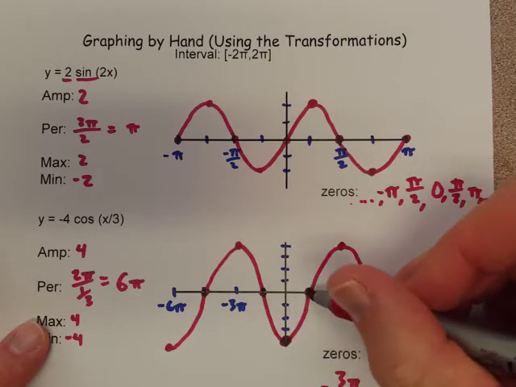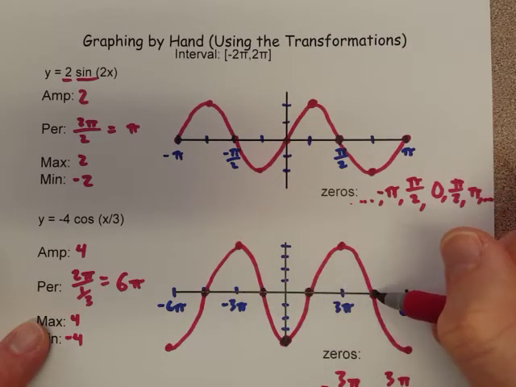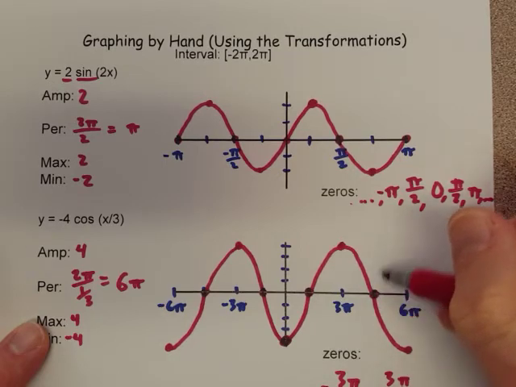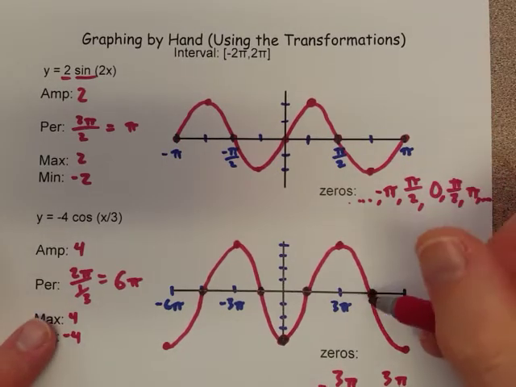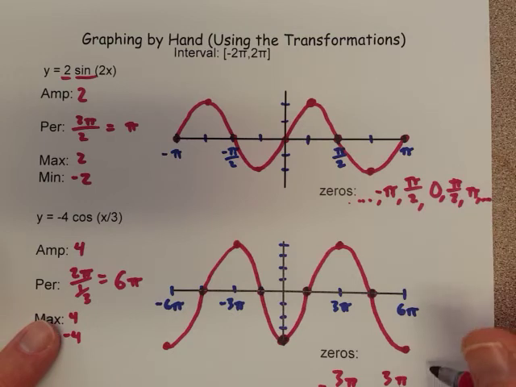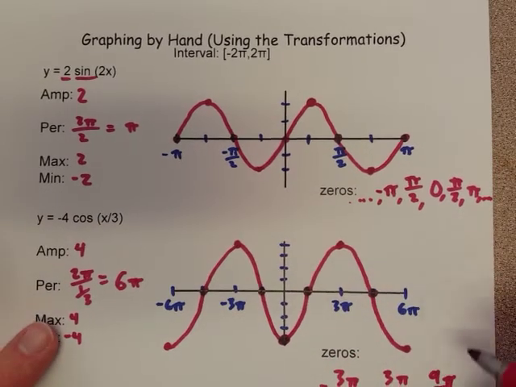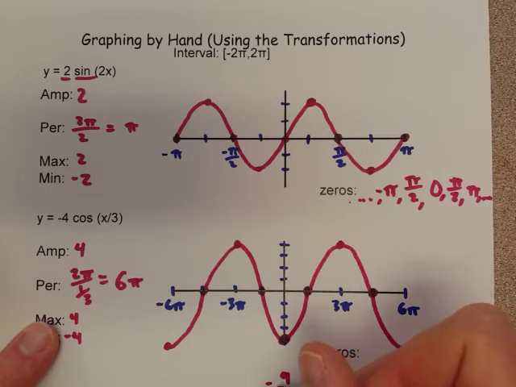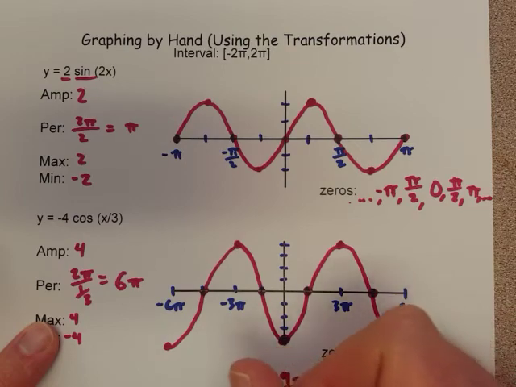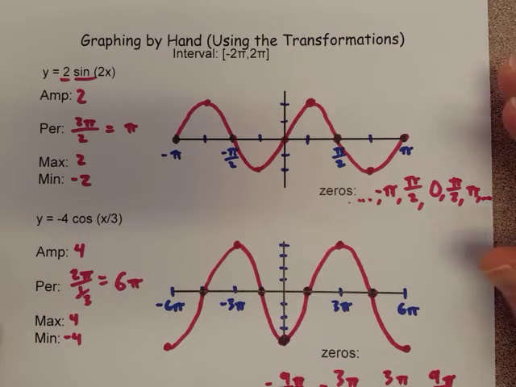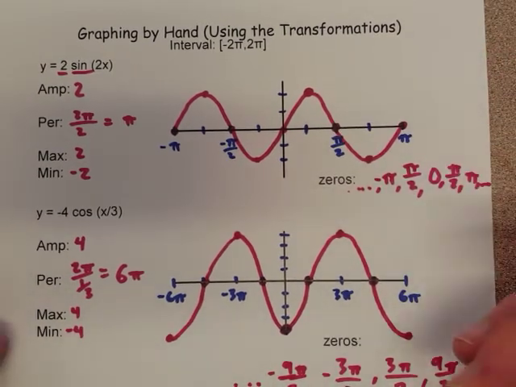If we go 1.5 pi, 3 pi, 4.5 pi, 6 pi. So that's 4.5 pi, which is the same fraction as 9 pi over 2. But each time we're really just adding 3 pi to each one. And then we can go the dot, dot, dot, and then over here we can do negative 9 pi over 2 and dot, dot, dot this way to indicate that there are an infinite number of those, but we're not going to deal with all of them.